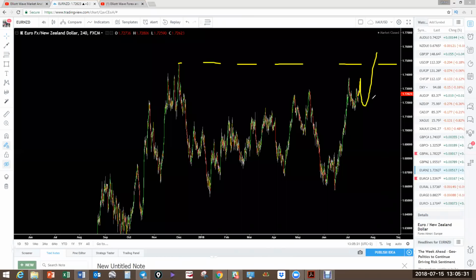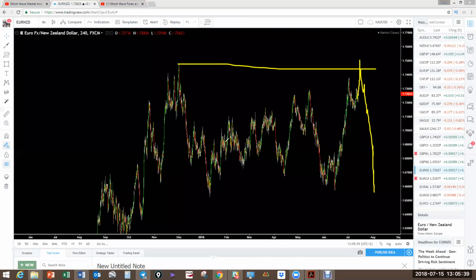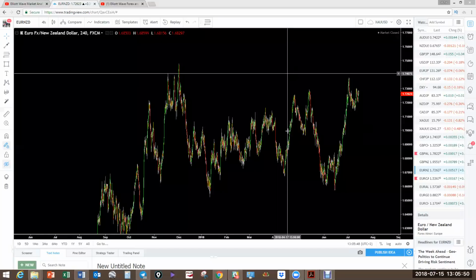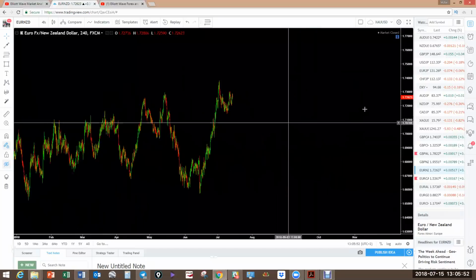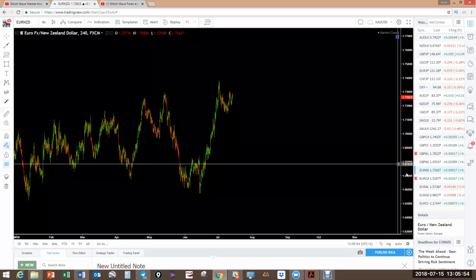But I don't expect this down here. I'm expecting that it will just come here and take that level. And we're gonna get this nice big move to the downside, which will be similar to this one here. And then before we go to the upside, like that. Okay, so we'll update it as it goes. So this long-term forecast, not enough data to forecast it with high accuracy, but we'll be watching it.